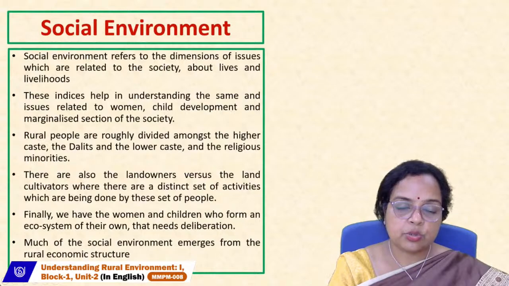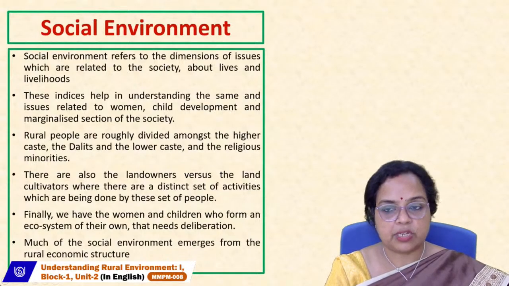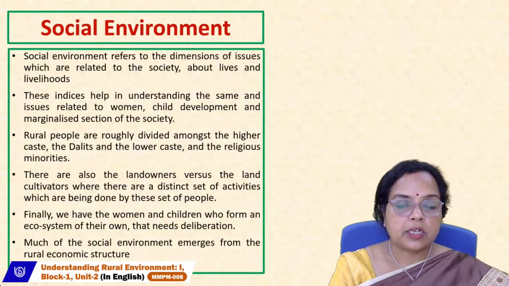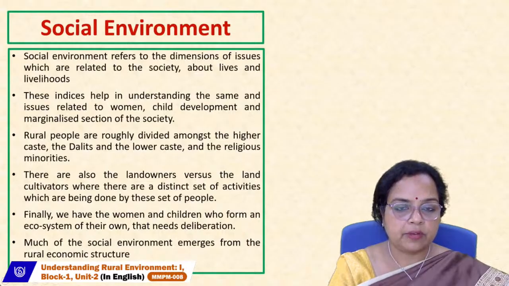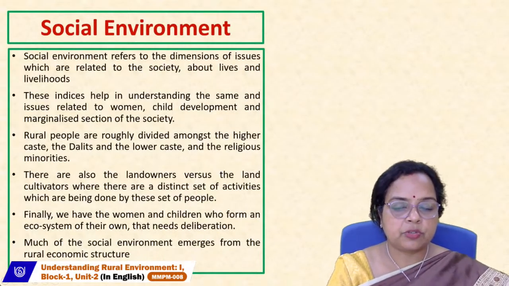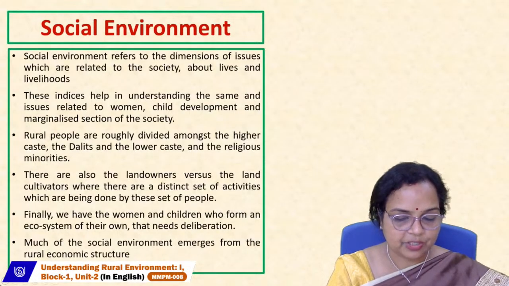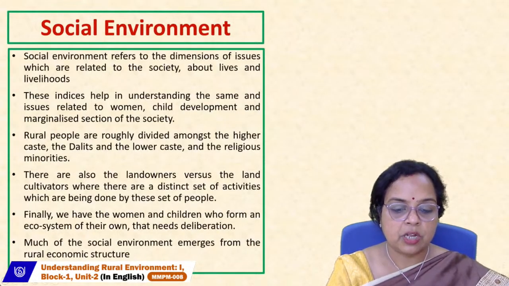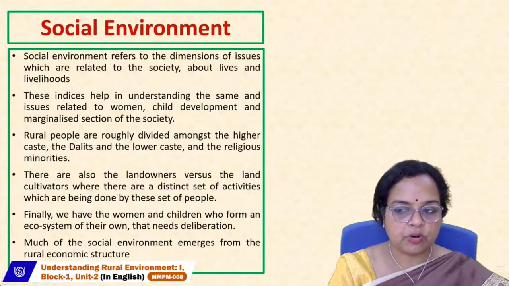A human being is a social animal. We all live in society. We are continuously interacting with our neighbors, our sarpanch, our political leaders, our kids, our elderly people. So we cannot deny that all these interactions have an impact on business processes and buying behavior.